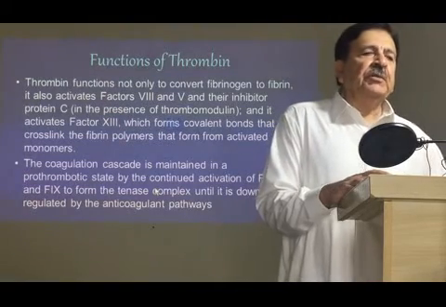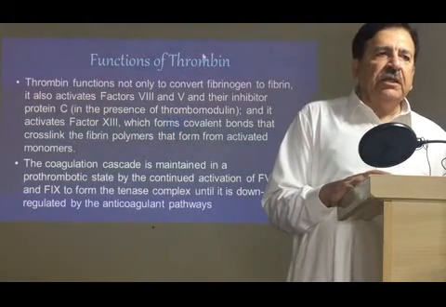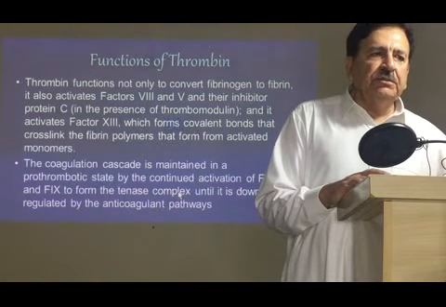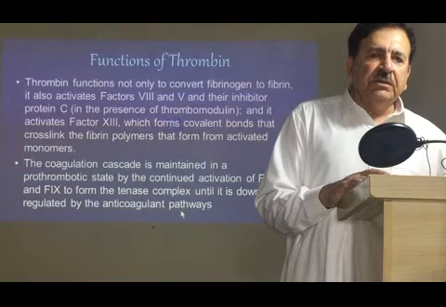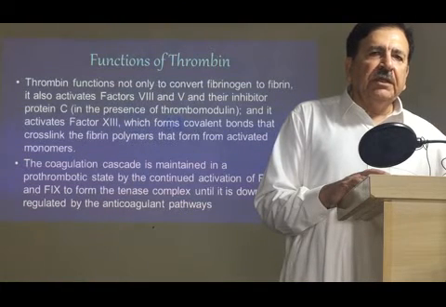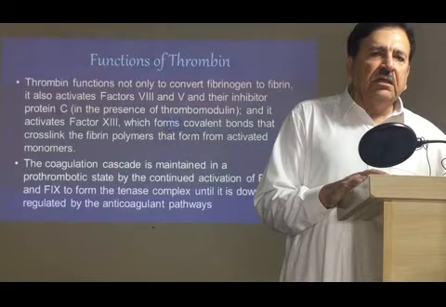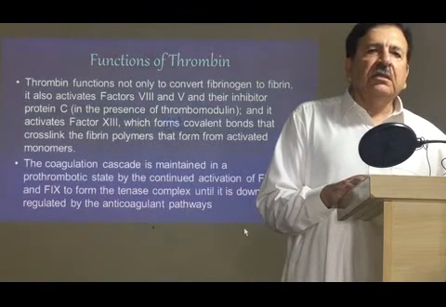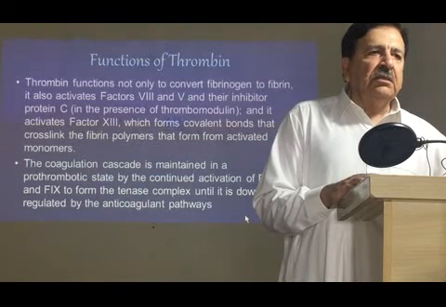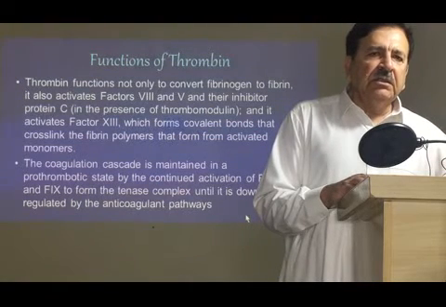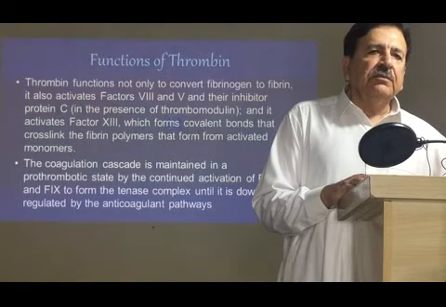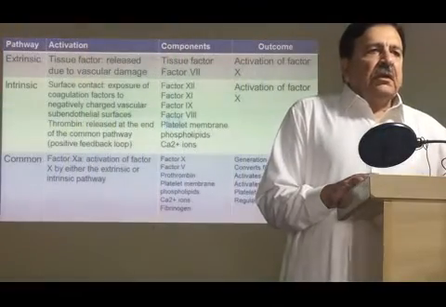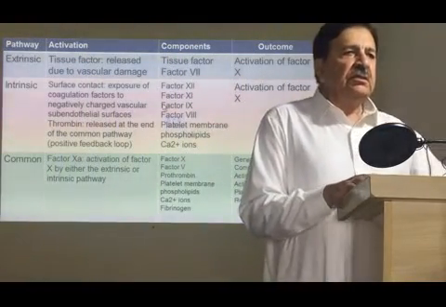When there is injury and this activation starts, there is continued activation of these factors until the bleeding is stopped and they are not required anymore. So at the last, anticoagulant activity is started, and then the further propagation of coagulation is prevented.